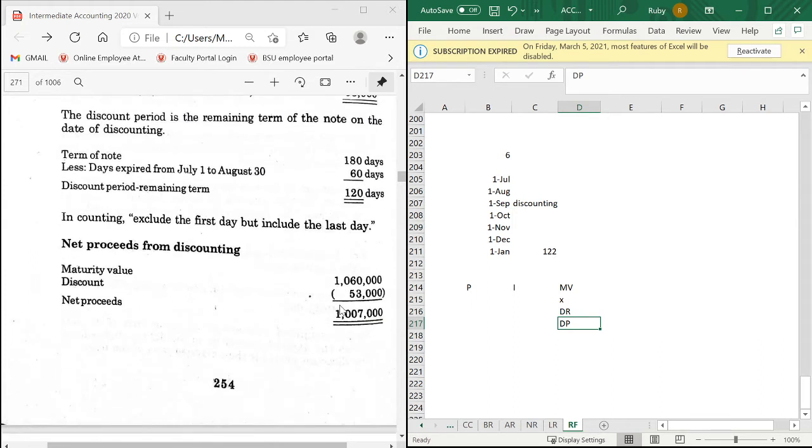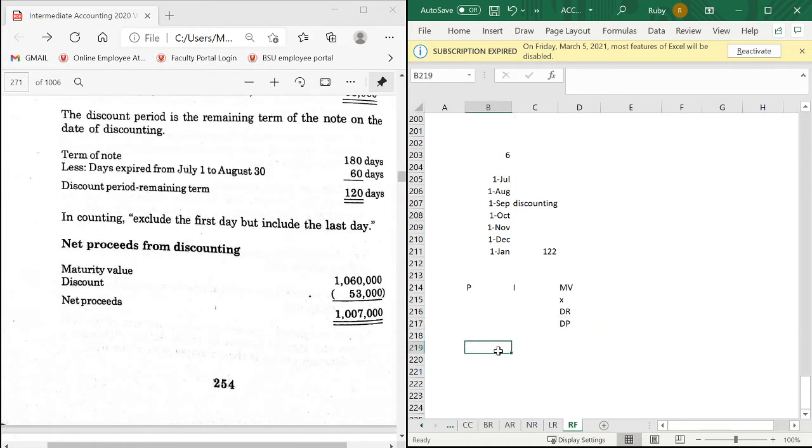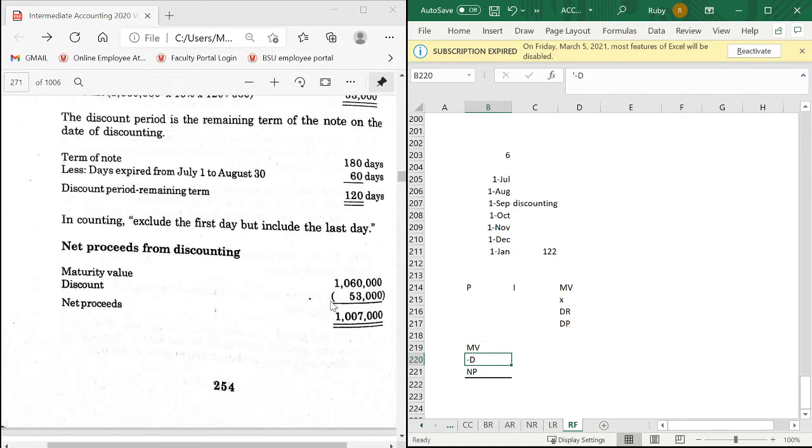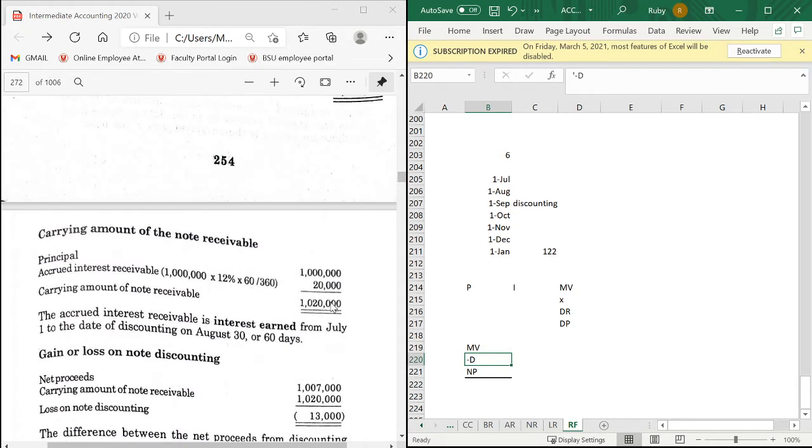Yan. So, net proceeds ay maturity value minus discount. Equals net proceed. So, lagi siyang net proceed kasi nga discount siya. Mas mababa siya. Less: carrying amount of the note receivable. Paano naman kuhanin yung carrying amount na yon?